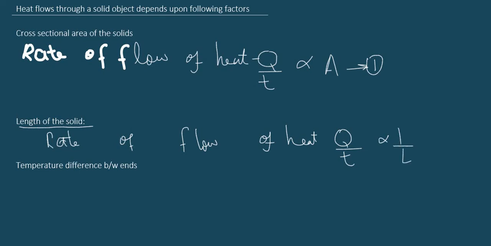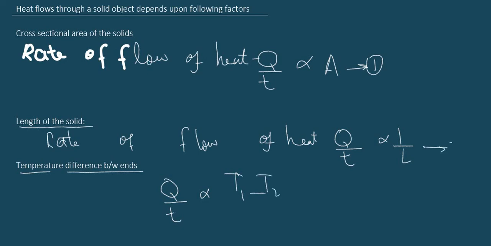And the third factor is temperature difference between the ends. Greater the temperature difference T1 minus T2 between the hot and cold faces of the solid, greater will be the rate of flow of heat. So Q over t is directly proportional to T1 minus T2.